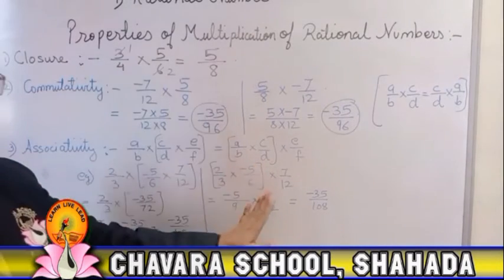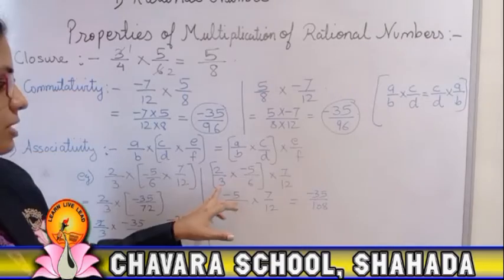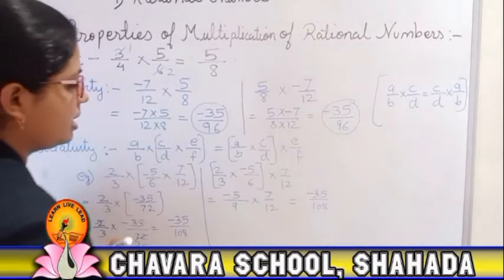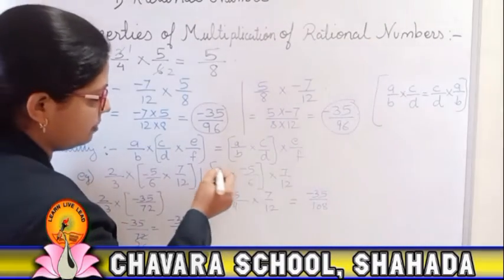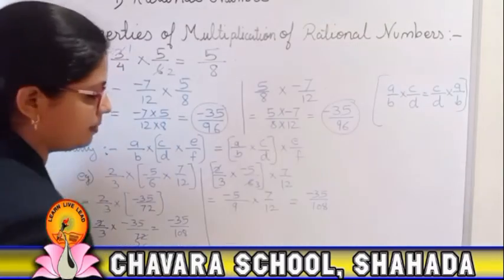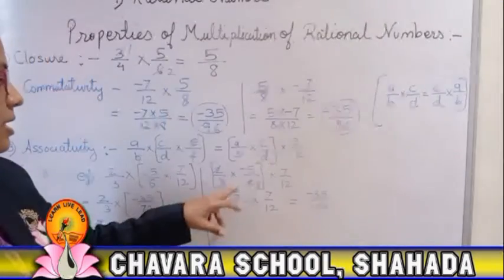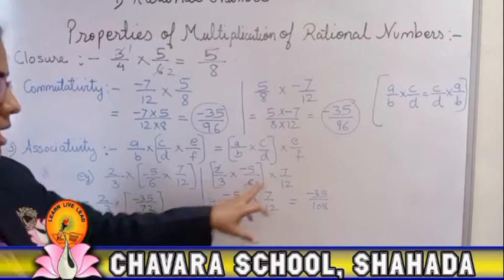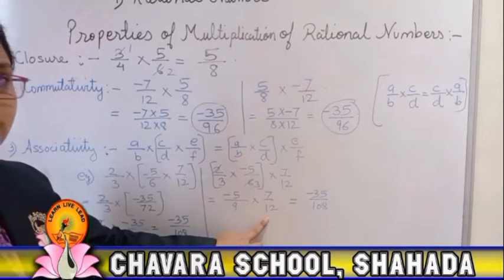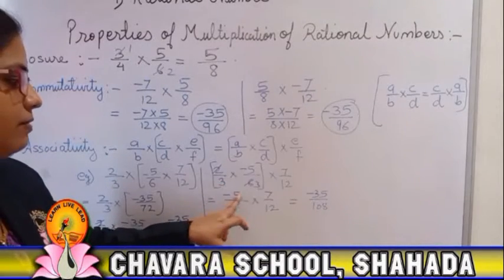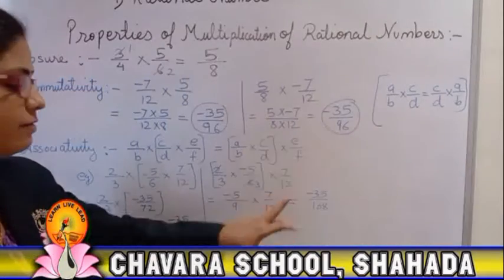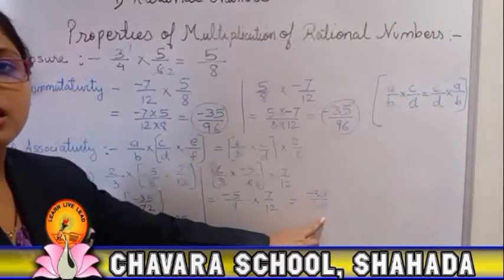Now this side. Here also we first solve this. Is it possible to simplify? Here we can see 2 ones are 2, 2 threes are 6, so it will be negative 5 upon 9, and this 7 upon 12 as it is. Now negative 5 into 7 is negative 35. Then 9 into 12 is 108.